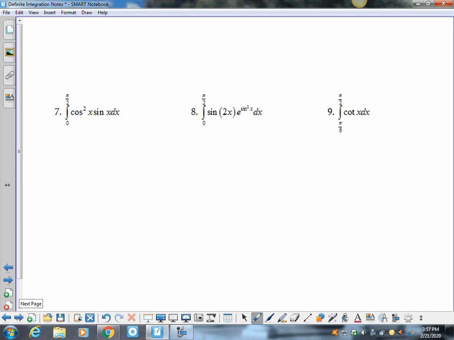Okay, so for number 7, when you have two trig functions, you're going to let your u be the trig that has the stuff being done to it. So that's going to be the cosine. The derivative of cosine is negative sine. So we need a negative.